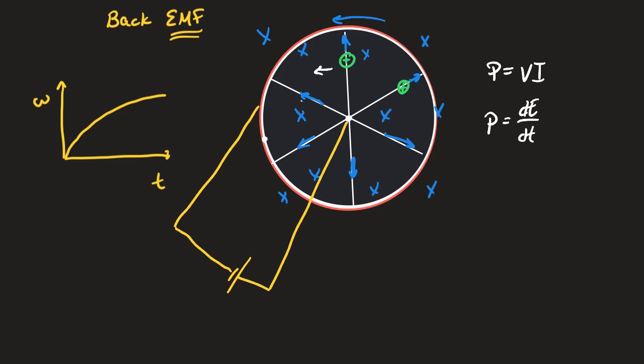When the motor's operating, it will have a finite kinetic energy. It would have to. That finite kinetic energy would have to be related to the rate at which the power is consumed by the motor. I would assume this current will be limited by factors like resistance and now this back EMF, limiting how much kinetic energy can be delivered to the motor.